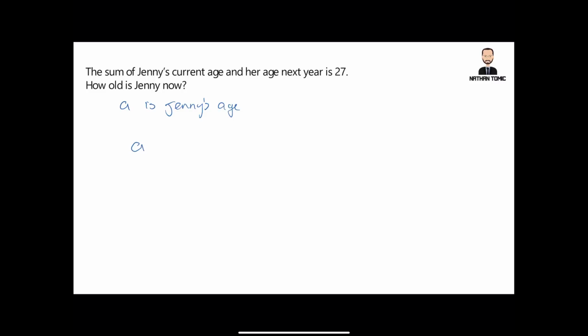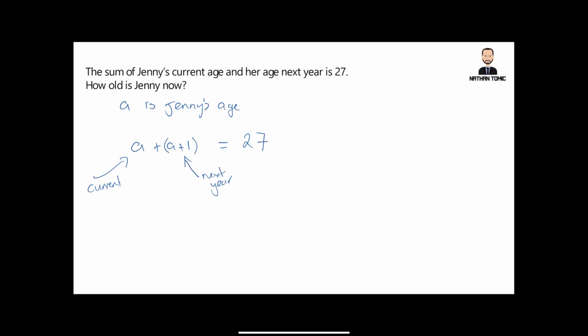So A plus (A plus 1). I'm going to put that in brackets just to make it clearer for the moment. So this here is her current age, and this here is next year. All right, so A for current age, A plus 1 represents next year. And we know, because it's told us in the question, that that is equal to 27.